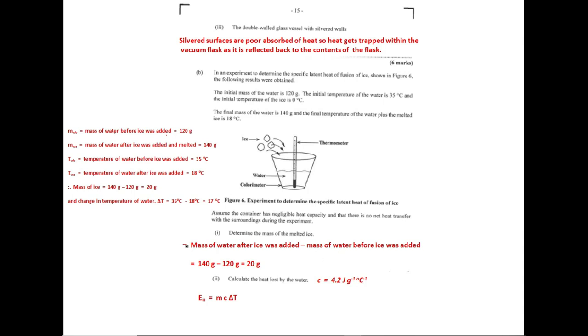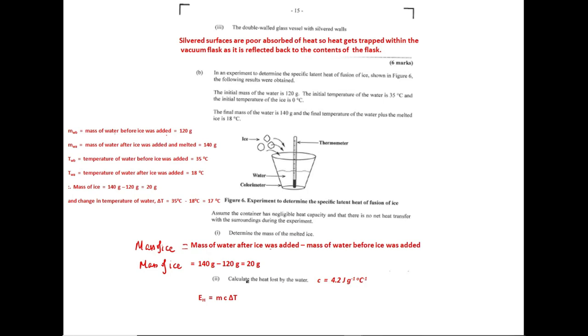And you could always say the mass of ice. And so you put mass of ice so that they understand that you know what they're talking about, right? Okay, and then you put the word melted because it's a mass of melted ice. So if you want to be real specific, mass of melted ice. So you could do it like that.